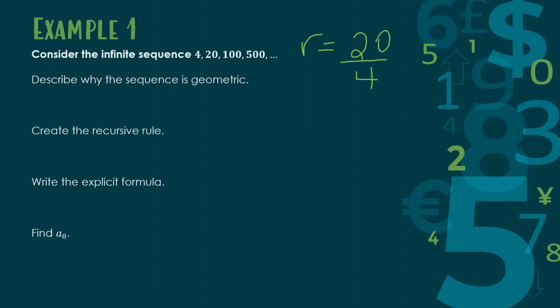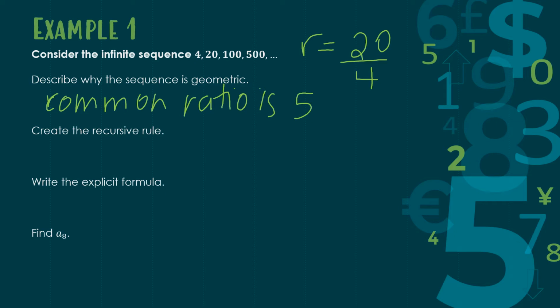So if you take 20 and divide by 4, you'll get 5. If you take 100 and divide by 20, you get 5. 500 divided by 100 is 5. So it is geometric because the common ratio is 5. If it didn't have a common ratio, then it could not be geometric.